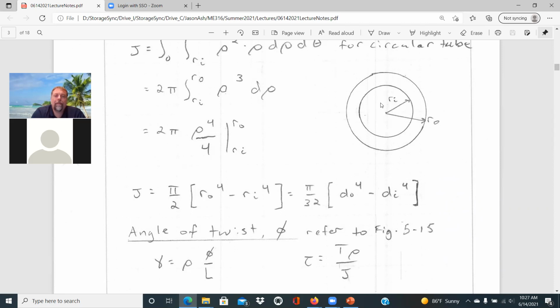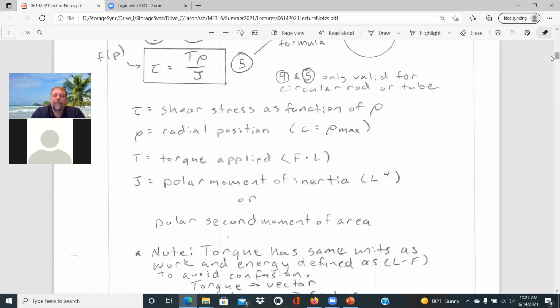If you have the same amount of material, but in a tube and extended way out there, that's going to cause your J value to increase.